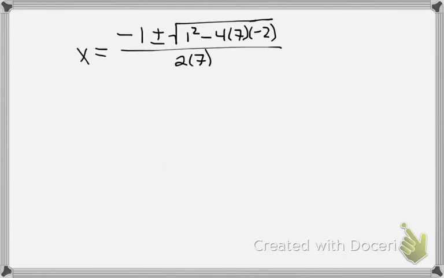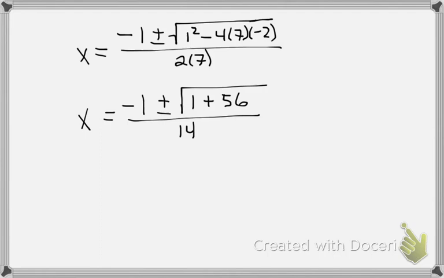You guys agree? So x equals negative 1 plus or minus square root, that's 1, and then that's going to be plus 56, all over 14. Minus a negative makes it a plus on the inside. So what do we have to do?